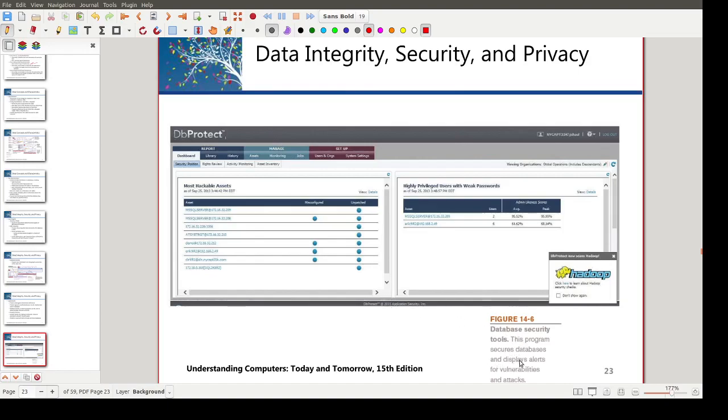This program secures databases and displays alerts for vulnerabilities and attacks. So it tells you about highly privileged users with weak passwords, most hackable assets, and so on. You can use such tools to make sure that your database is doing fine.